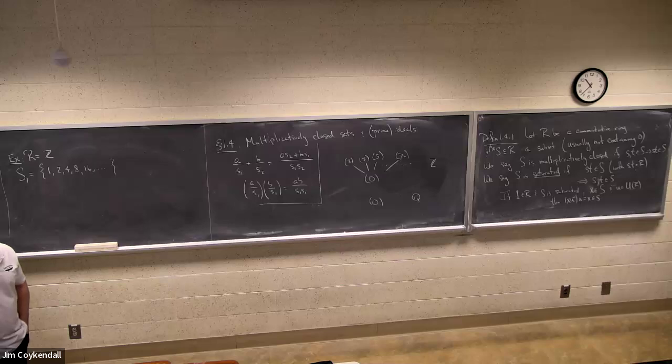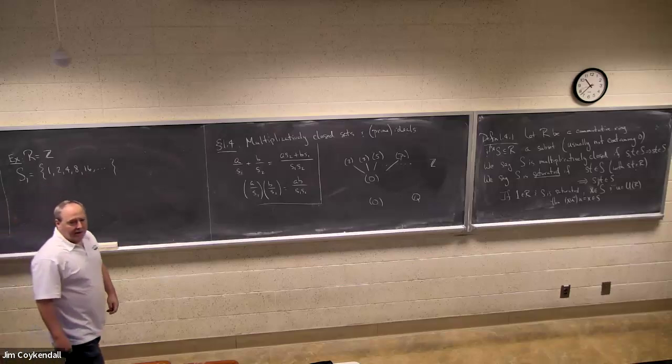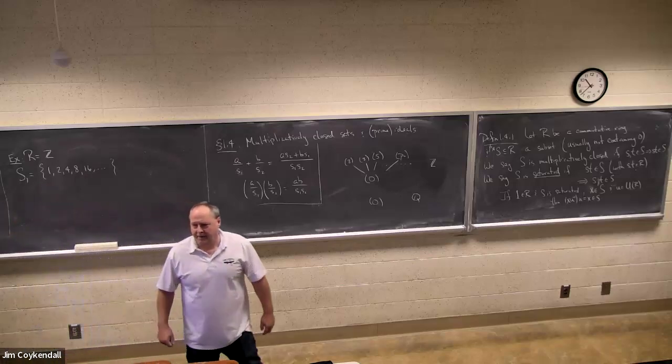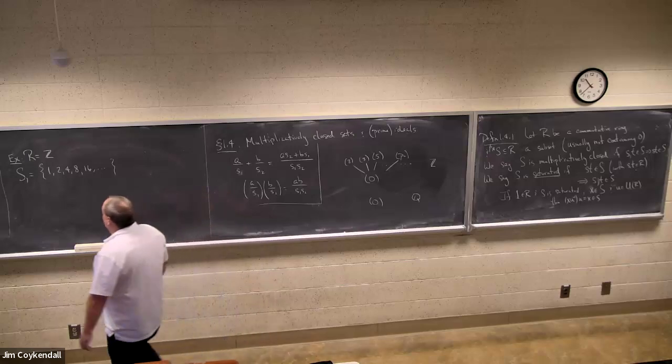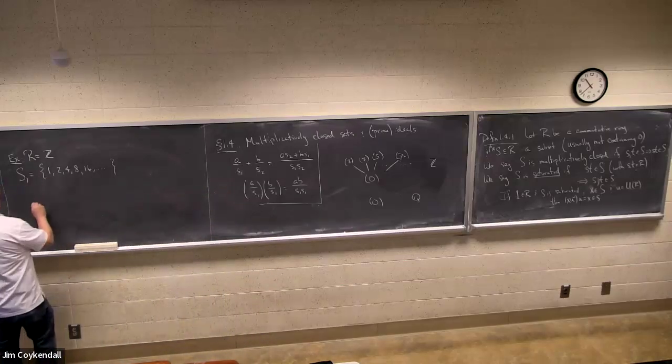Is this multiplicatively closed? Certainly, because if you multiply any two positive powers of 2, you get another power of 2. Is it saturated? No. What's missing? -1. Well, not only that, all negative powers.